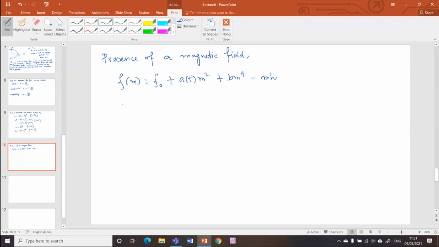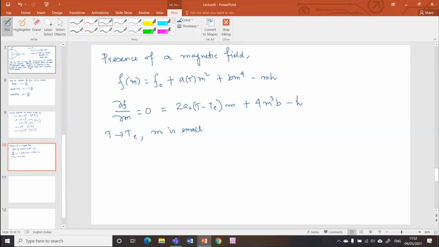Now if I do the minimization, del f del m will be 0, which gives me 2a0 times t minus tc times m plus 4 m cube b minus h. Now if we go close to tc, my m is small, as you see here.